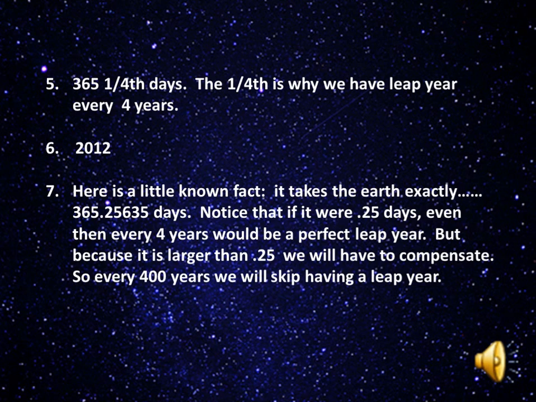It takes 365.25635 days. If it were 0.25 days even, then every 4 years would be a perfect leap year. Because it is larger than 0.25, we will have to compensate. So every 400 years, we will skip having a leap year.